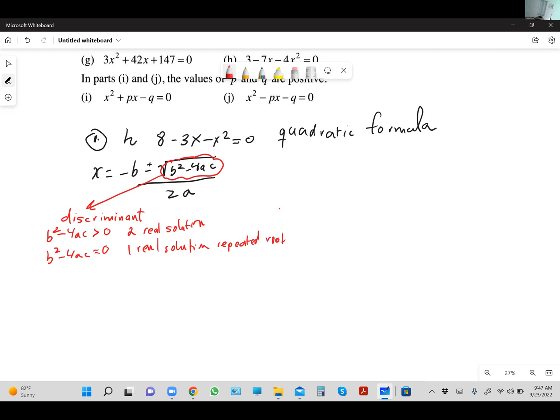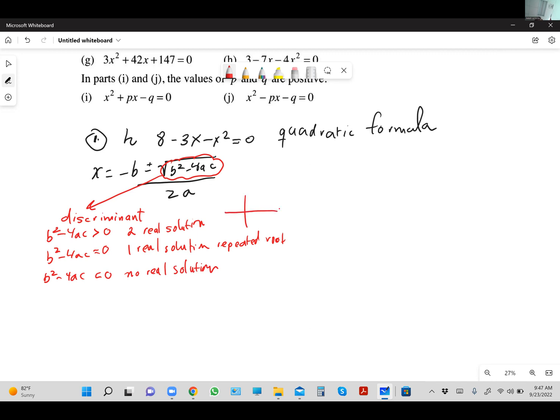And the final one, b squared minus 4ac, when it's less than 0, you have no real solutions because it comes out negative.